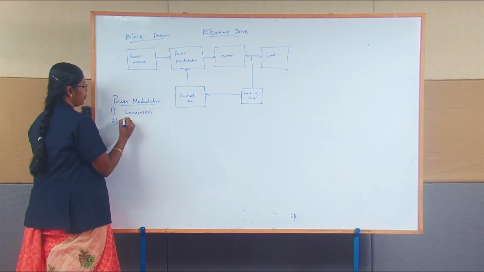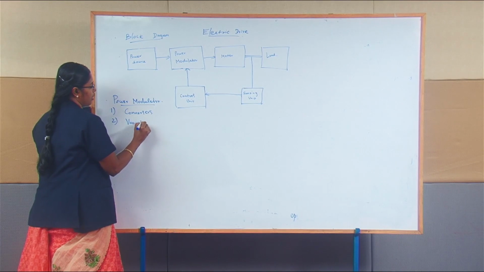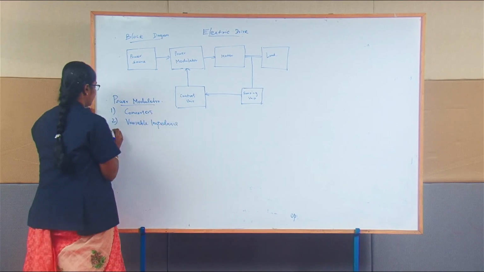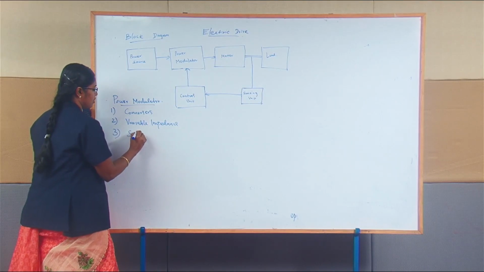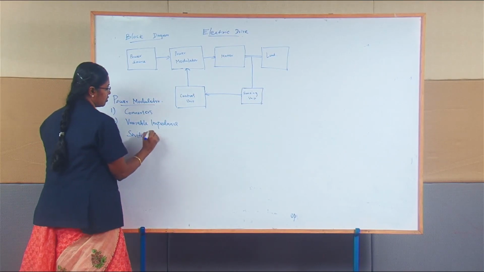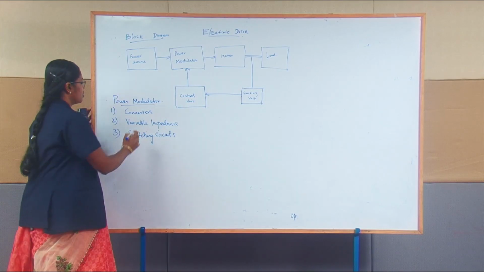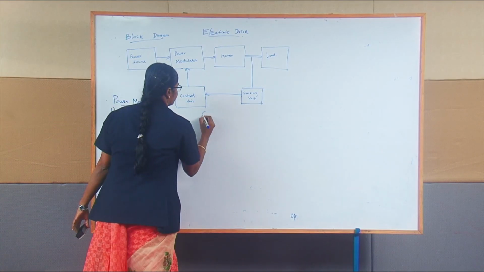The second type is variable impedance. And the third one is switching circuits. Right?